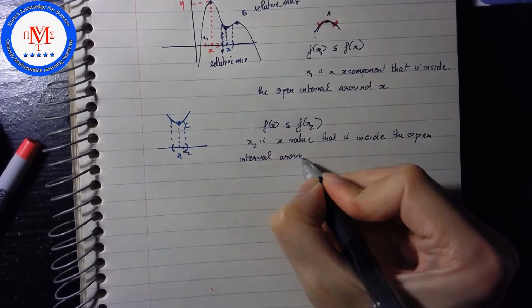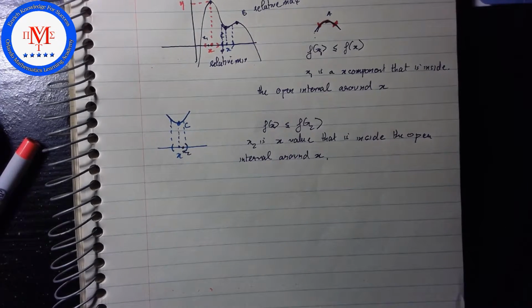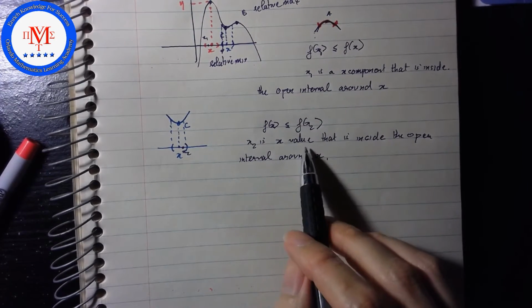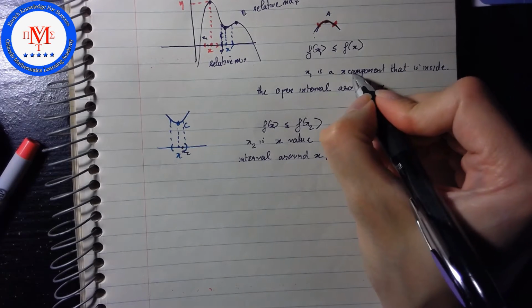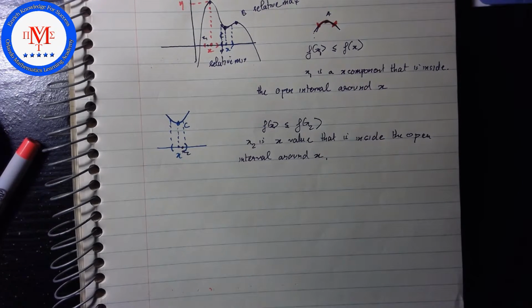I think using the word value is better than x component, because x component sounds like a point.